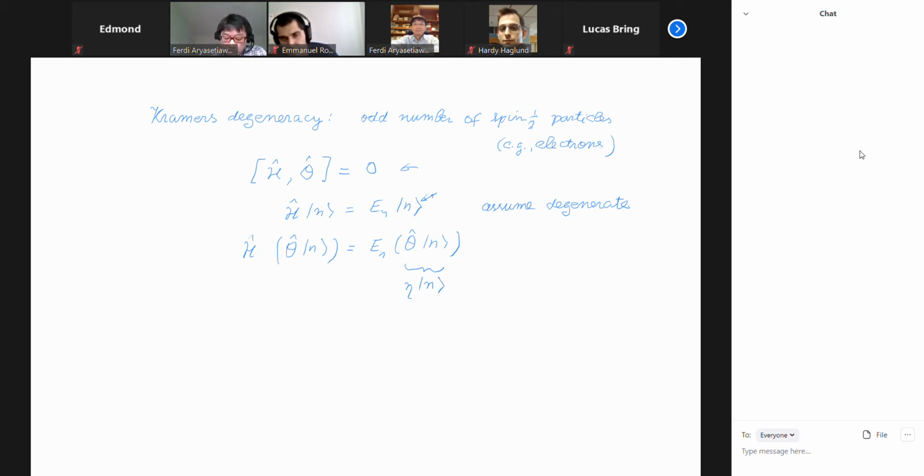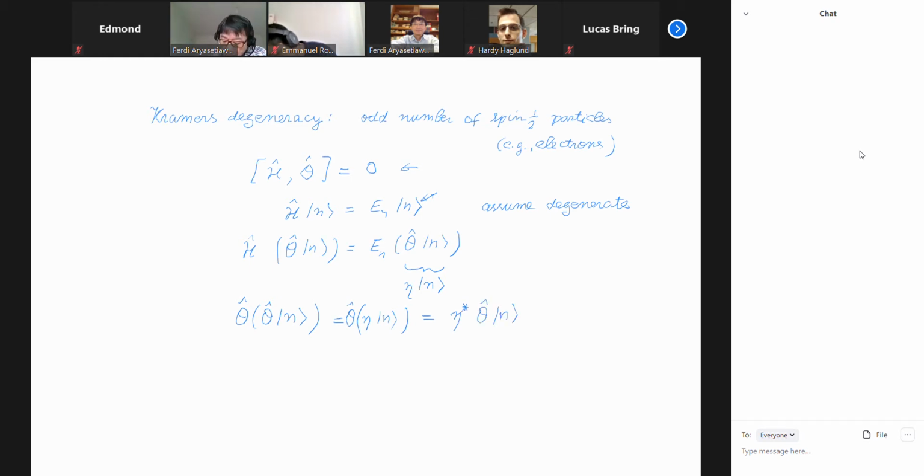Now if I apply the time reversal operator twice on the state n, we have to be careful again with the time reversal operator, so let's do this step by step. This becomes like this, and that becomes a star, so that becomes |n>.